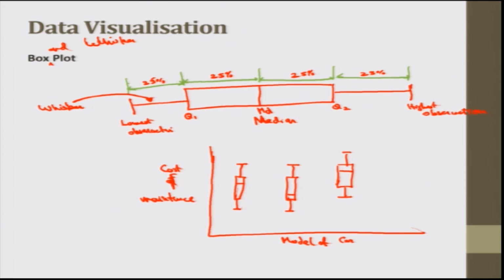So what is the cost for the customer? Let me say for 100 customers. For each box plot there are 100 persons. So we can see that in this case the median, the central data, is quite toward the lower side.